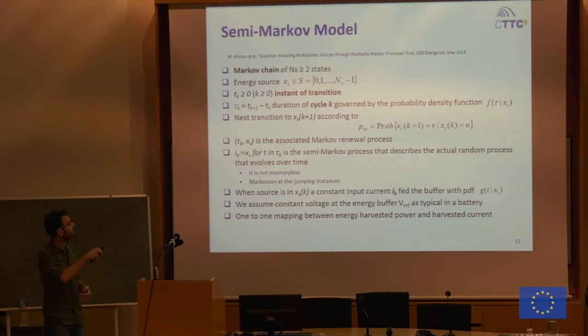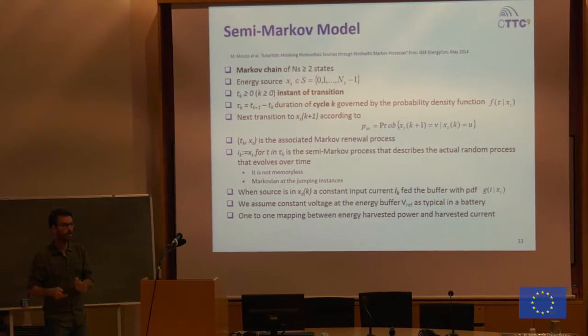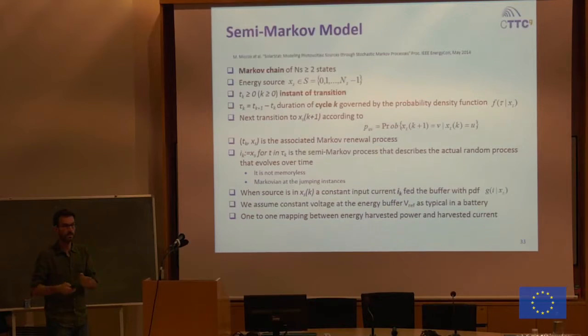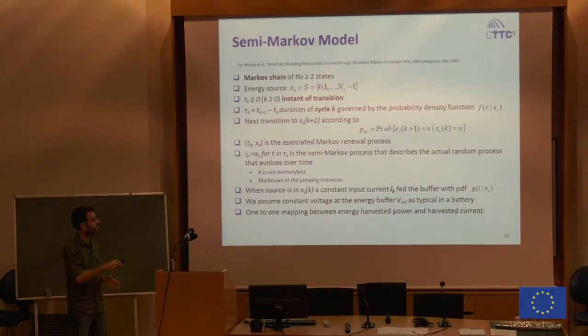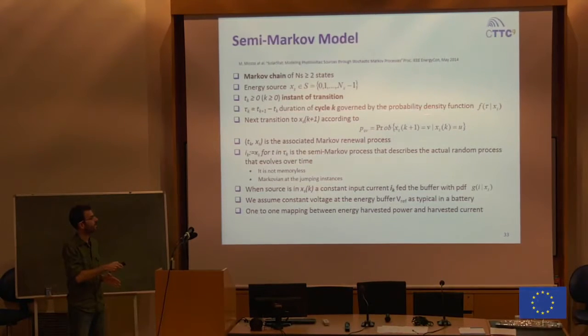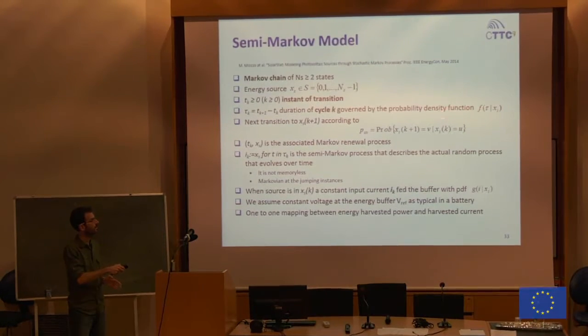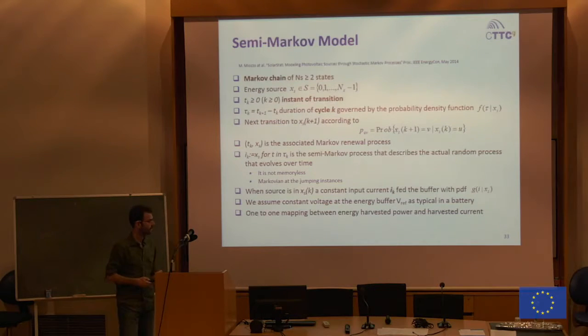Then after tau k, the system evolves, jumping to the state k plus 1, and this transition probability is governed by this other probability density function F, that we have characterized based on the database that we have available from this National Research Laboratory in the US.